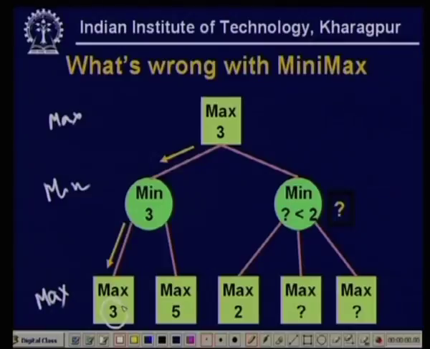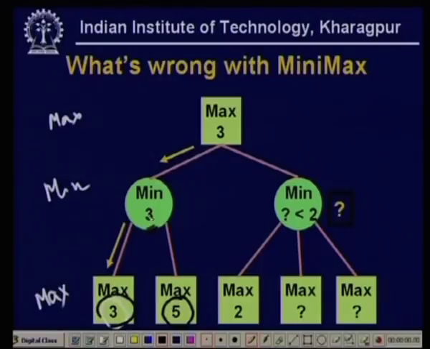Now, when this leaf is evaluated, the value of the min node must be 3 or less than 3, because min will compute the min of all the children values. So, the value of the min node can be 3 or less than 3. When the second node is evaluated, we know the exact minimax value of this min node, which is equal to 3.